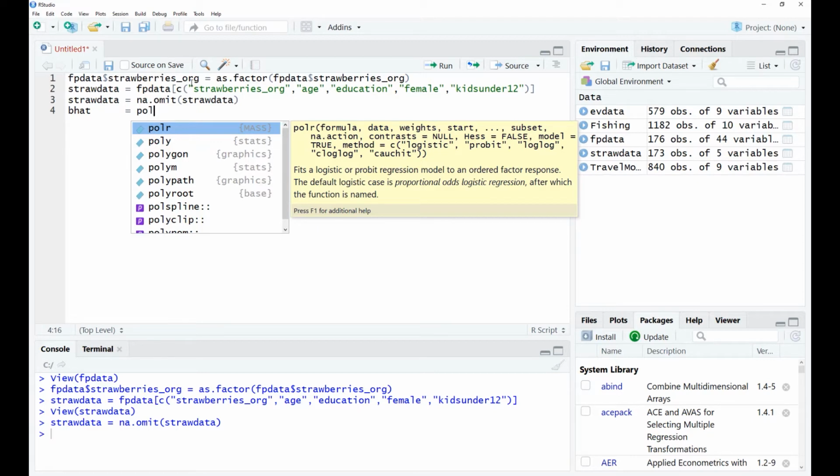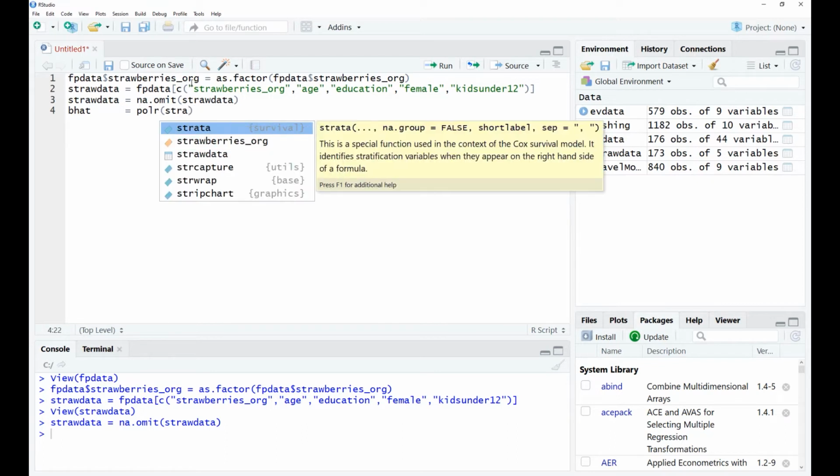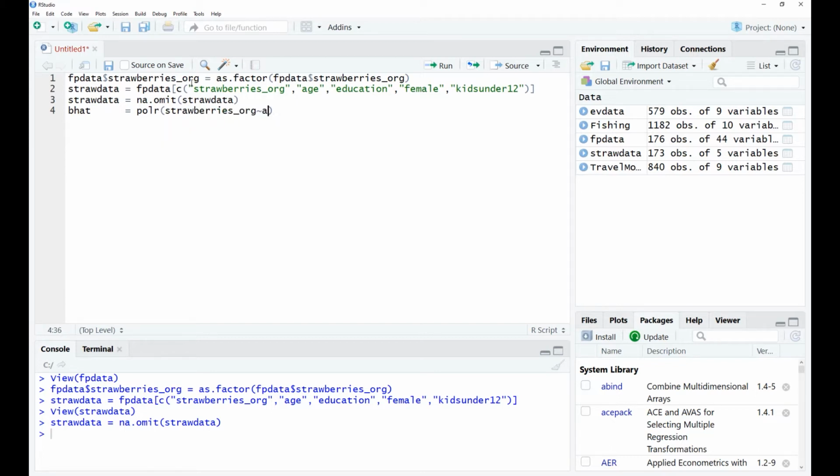So here we just say polr, strawberries_org tilde age, education, female, kids under 12, and the data is straw_data. And note that you have to type in Hess equals TRUE.